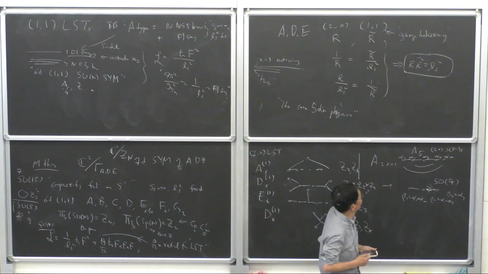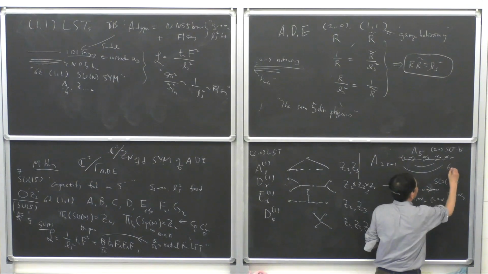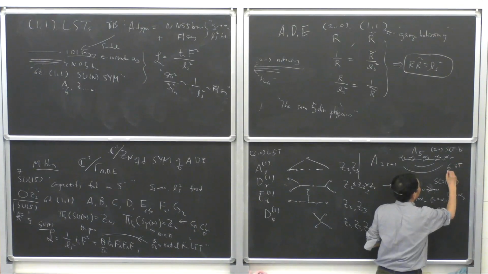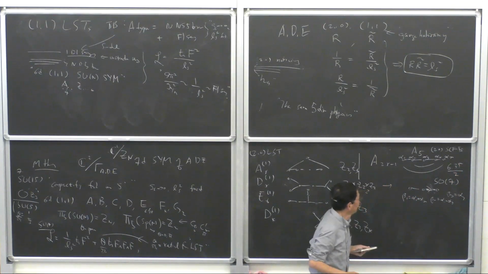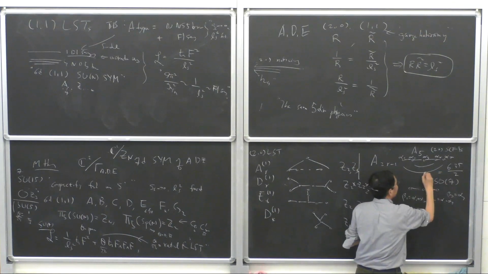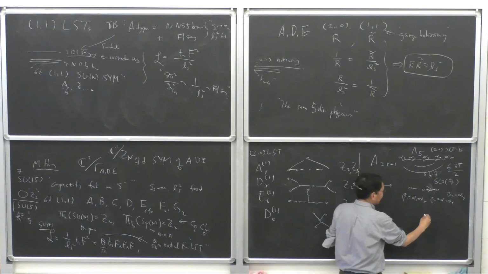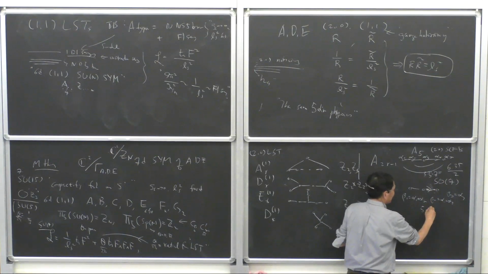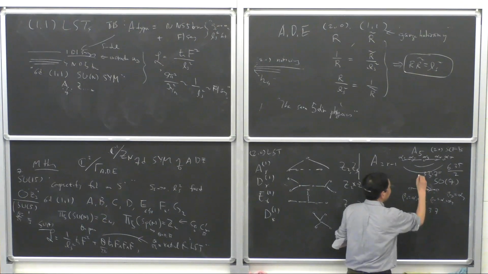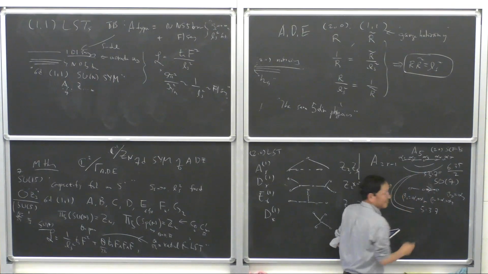So in this case, for example, the Coxeter number is 6 and the dimension is 35. We divide by the order of the automorphism, and that's 3 times 7 times 5 times 7. Now, in this case, SO7, the Coxeter number is 5 and the dimension is 21, which is 3 times 7. So you can see they are the same.